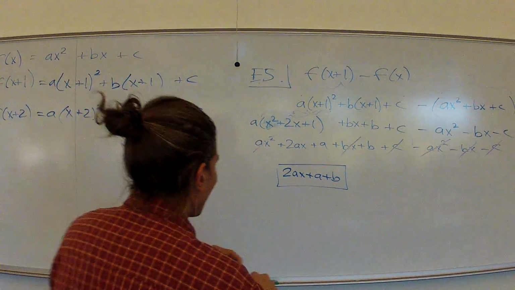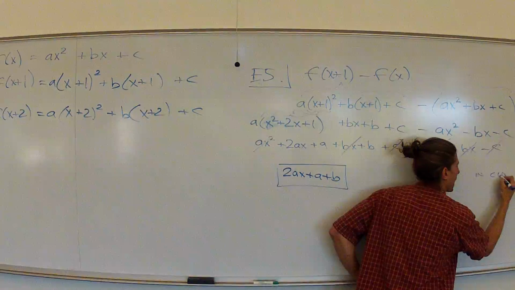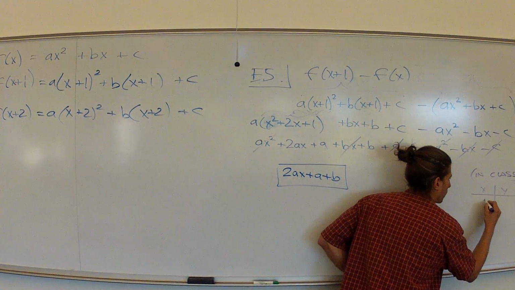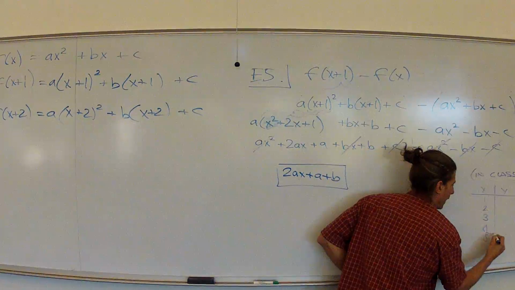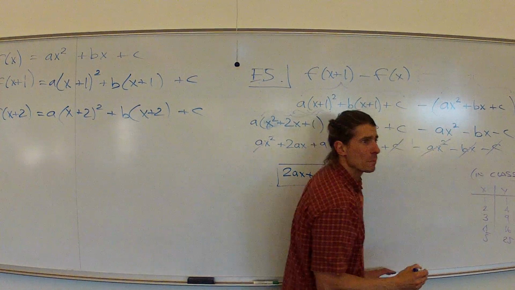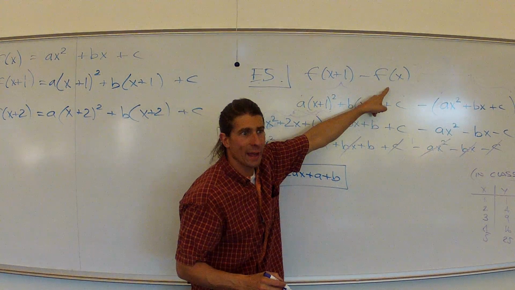Okay, so in class, this is just a compare and contrast. We did x and y, and we had 1, 2, 3, 4, 5, and it was 1, 4, 9, 16, 25. You just did f of x plus 1 minus f of x.